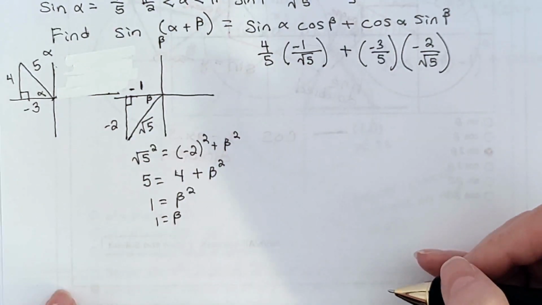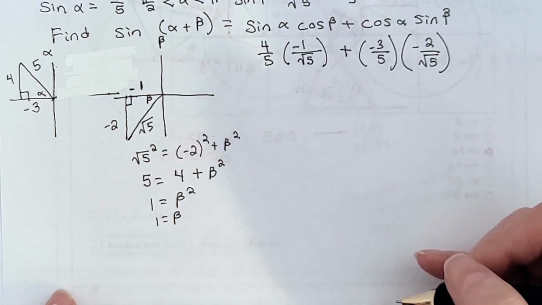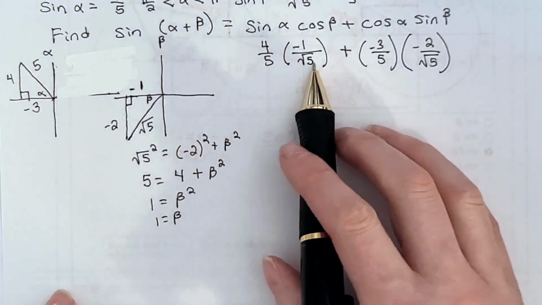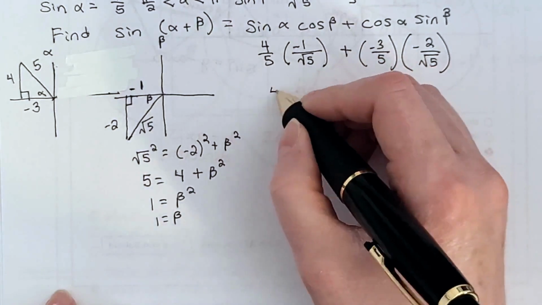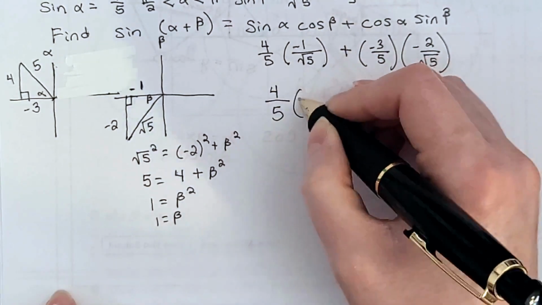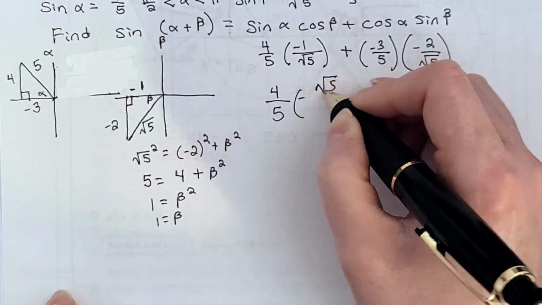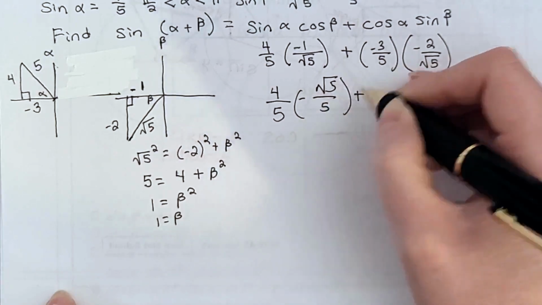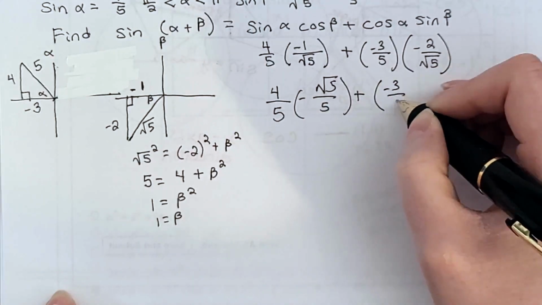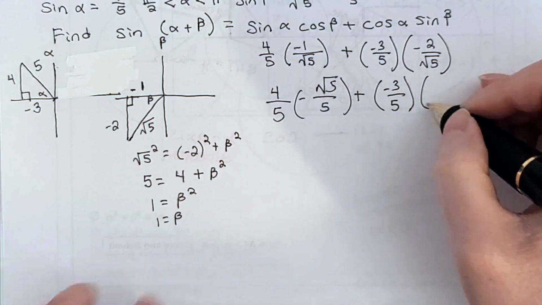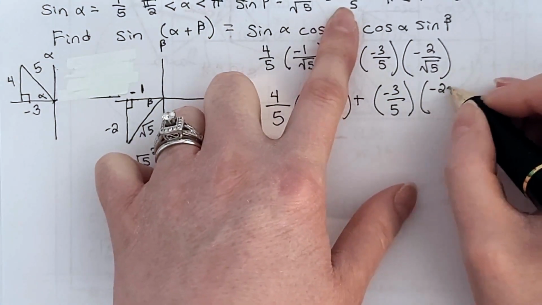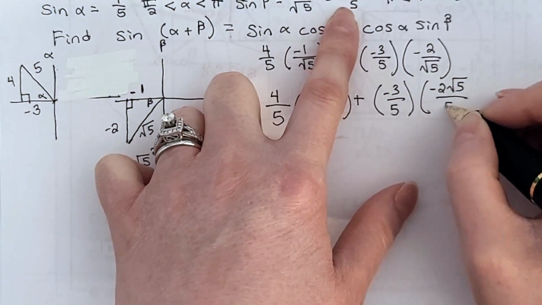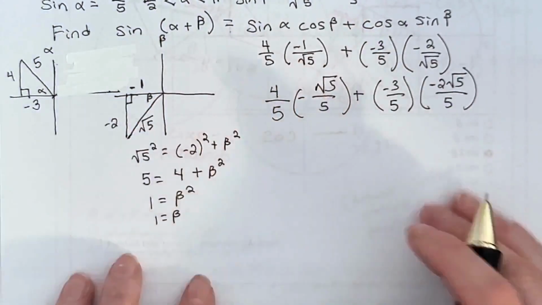All right, and then we need to simplify all of this stuff. So I would rewrite this as negative square root 5 over 5. And I would rewrite this one over here as what they gave us originally, negative 2 square root 5 over 5. That's going to make it way easier to simplify.